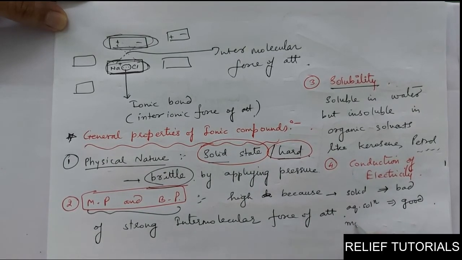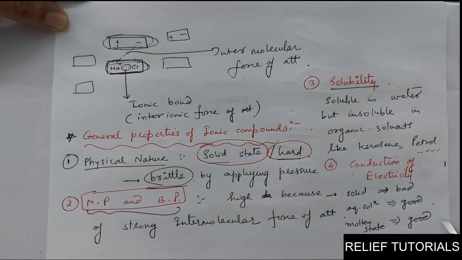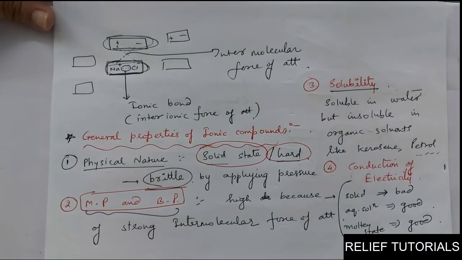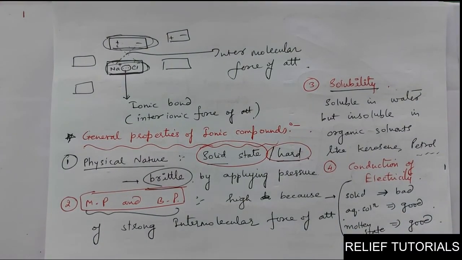And in molten state also, they are good conductors of electricity, and we know the reason very well. In solid state, ions are not free to move. In liquid state and in aqueous solution, ions are free to move from one place to another, and that is why they are good conductors of electricity.